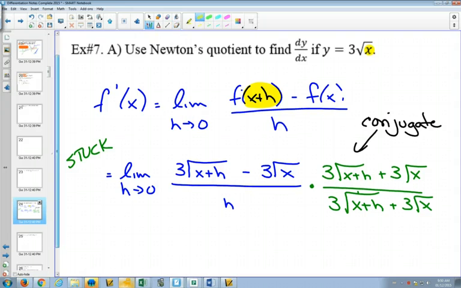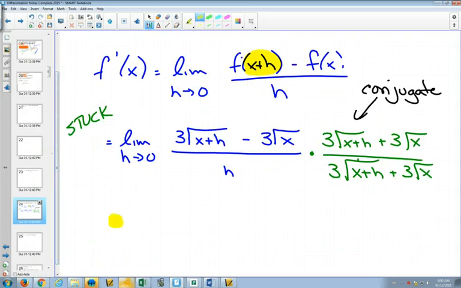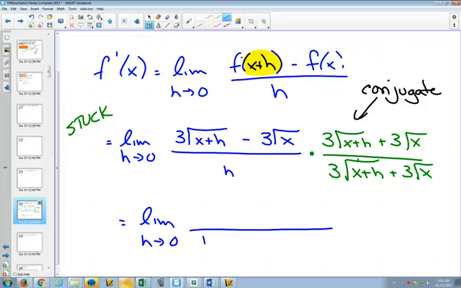And if we multiply this out, whoa. On the bottom, I'm going to keep the h factored out because my goal is to get rid of that. That's what I want to cancel out. So I'm not going to multiply the bottom together. But when I multiply the tops together, I'm going to get 3 root x plus h times 3 root x plus h.